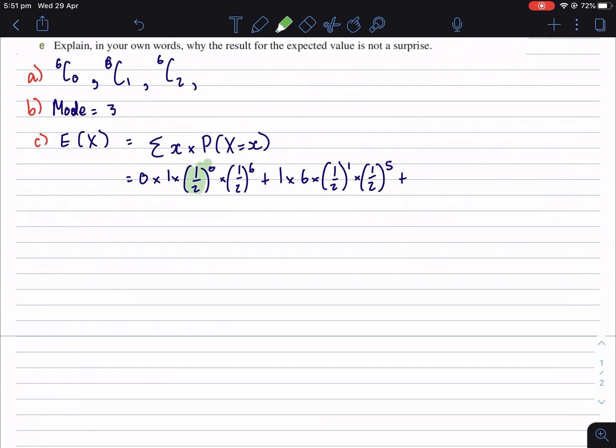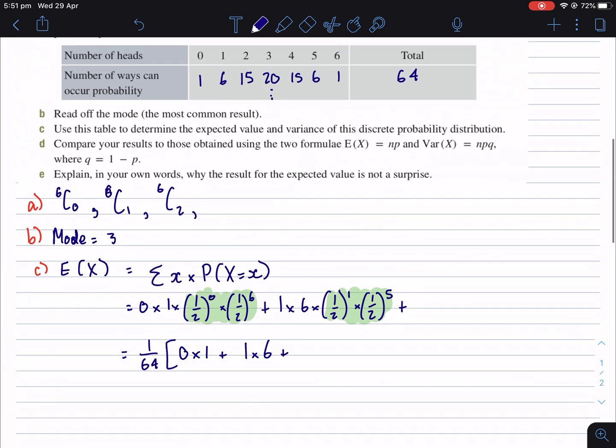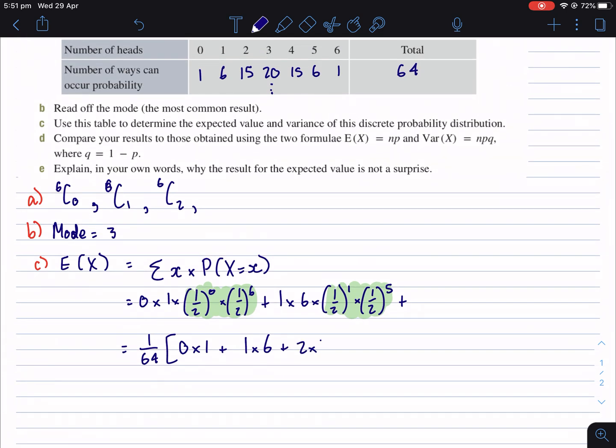Notice how all this bit, and for the next one, will be the same. It will always be 1/2 to the 6, which is 1 on 64. I'm going to take that 1 on 64 out the front. So I've got 0 times 1 plus 1 times 6 plus 2 times 15 plus 3 times 20, 4 times 15, 5 times 6, 6 times 1.